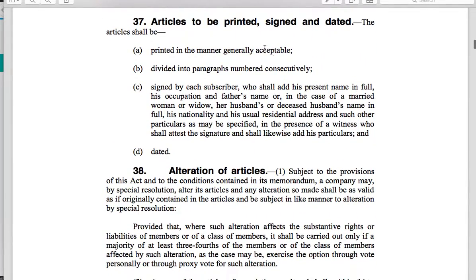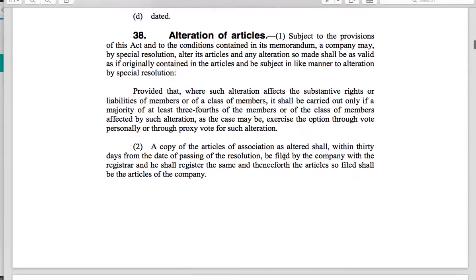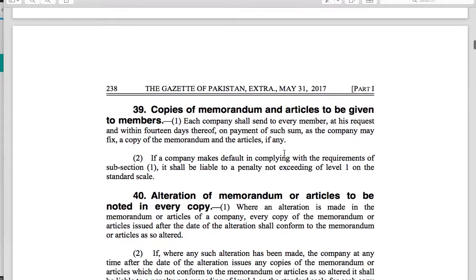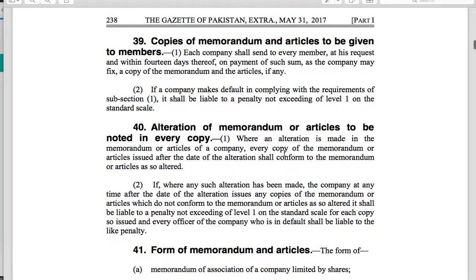This then again is for physical copies. It clearly states that for online copies it doesn't have to be signed, though the date has to be put there. You can alter your articles. There is a complete mechanism on how the articles will be altered, or the memorandum altered, for which you'll need permission of the shareholders.